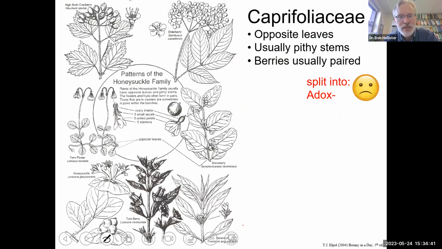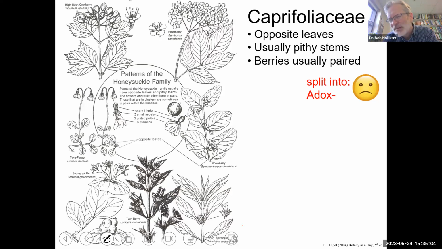All right. Our honeysuckle here, the Caprifoliaceae, I'm not going to say it right. It's been split, but the characteristics fit for both the families, so I'm keeping them lumped.